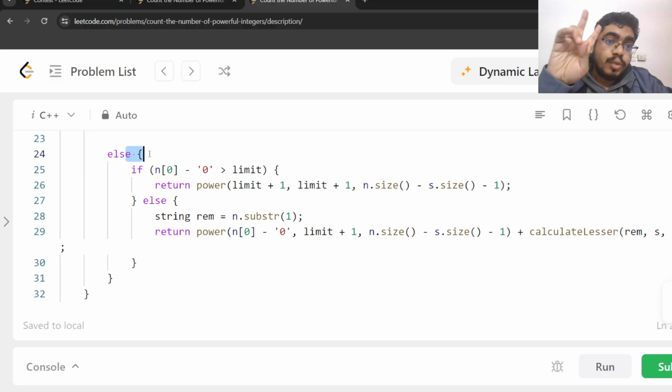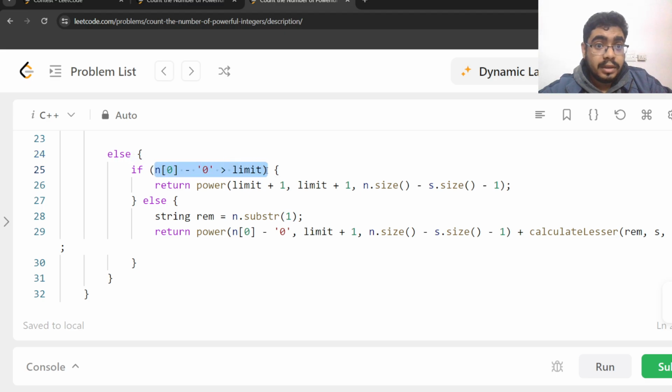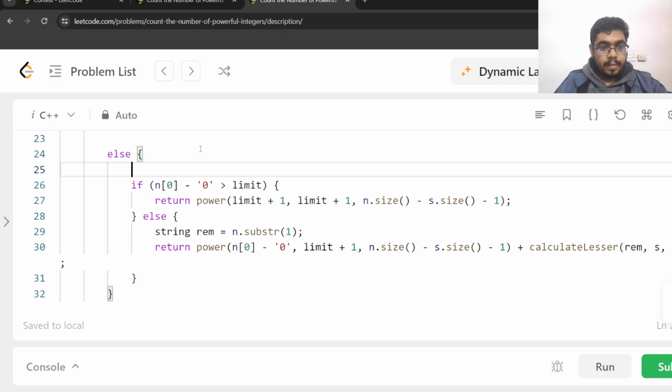Otherwise, I made two cases based on the limit. So if the digit that I encounter in the beginning is more than the limit, for example, the case where my n is something like 7123, right? And my limit is let's say 5, then that means I need not make a further call.